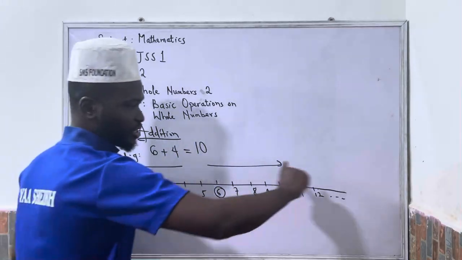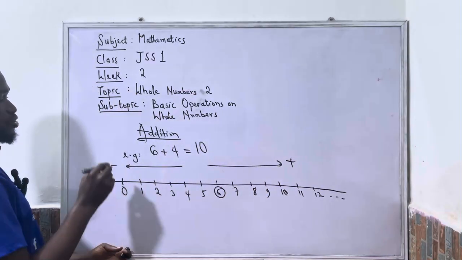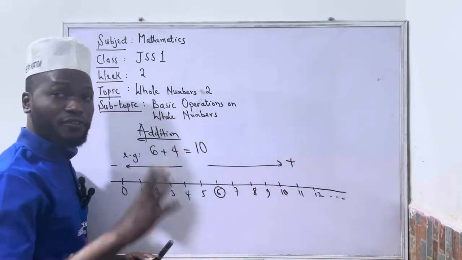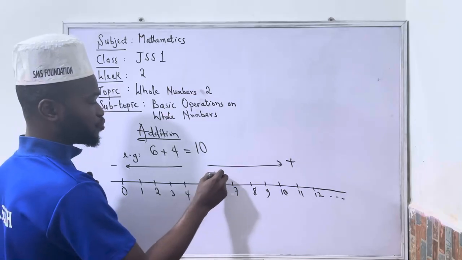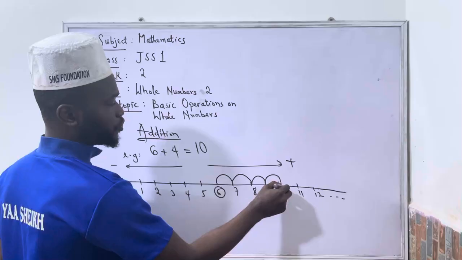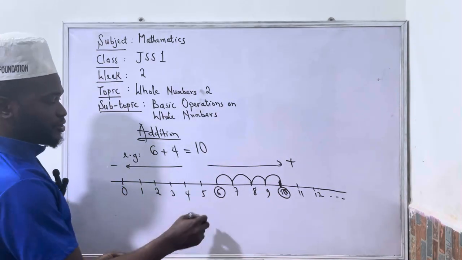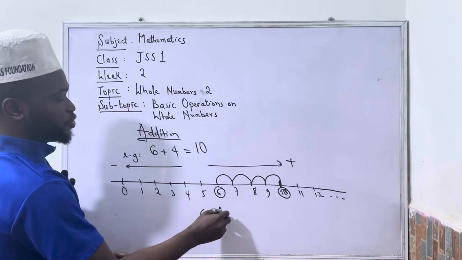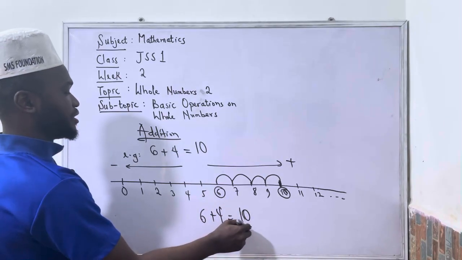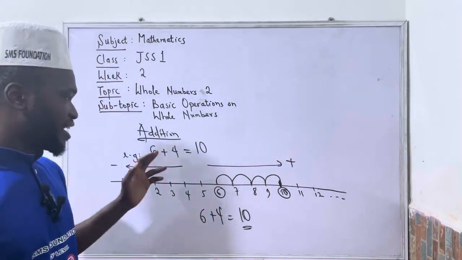So for addition, I need to go forward; going backward is subtraction. Let's take 4 steps forward: 1, 2, 3, 4. You can see I end up at 10. Therefore, 6 plus 4 units is equal to 10. So this is a simple introduction to addition.